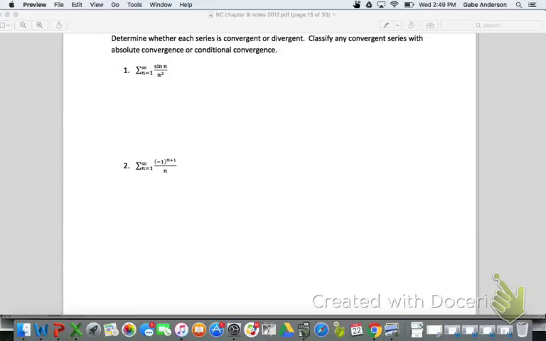The nth term test will never tell you convergence. Does the nth term go to 0 or not? Yes, it does, which tells us the nth term test tells us nothing. So the nth term test is silent.